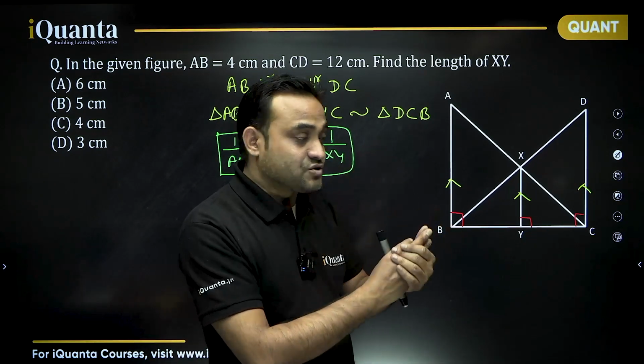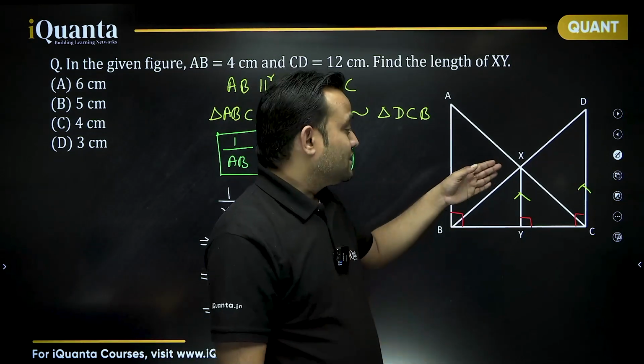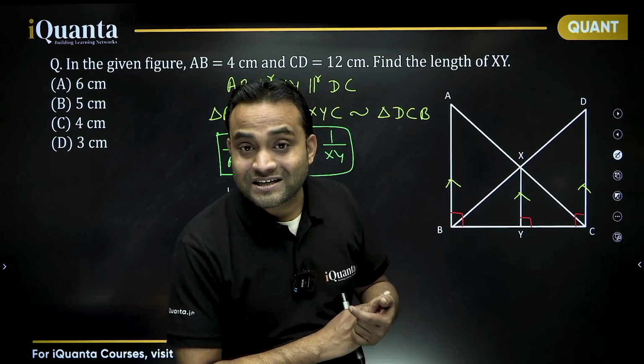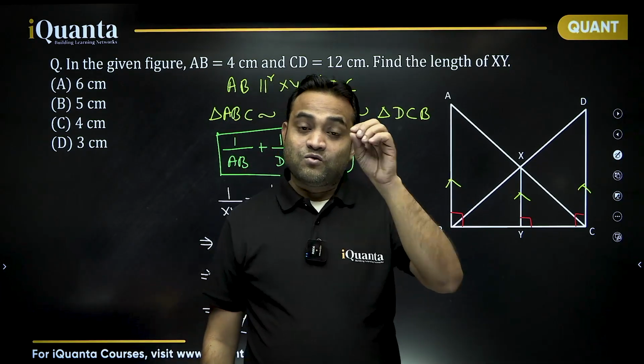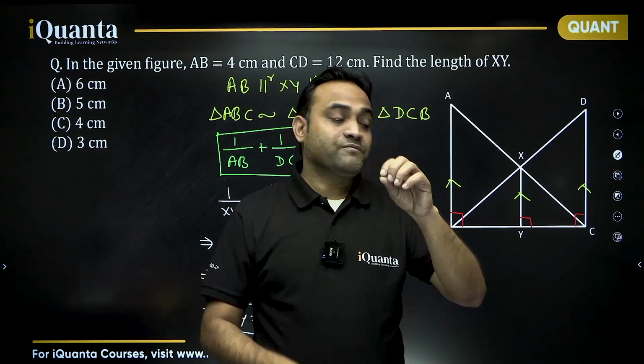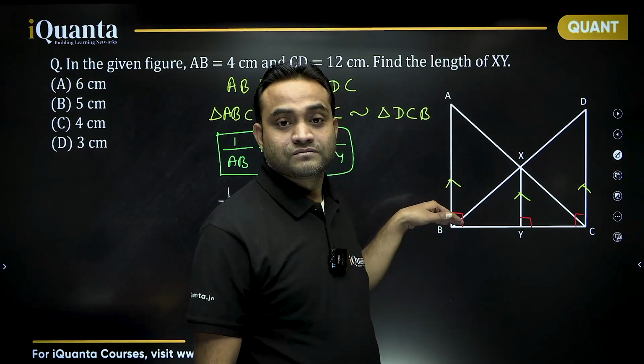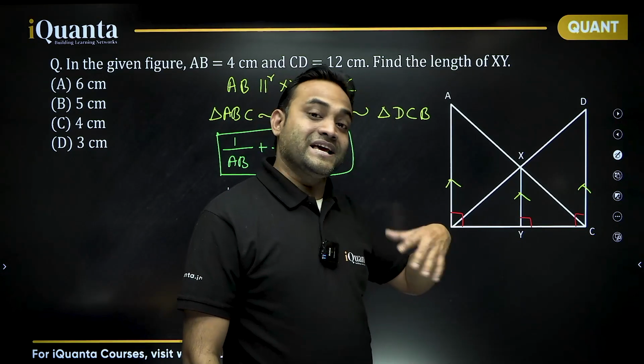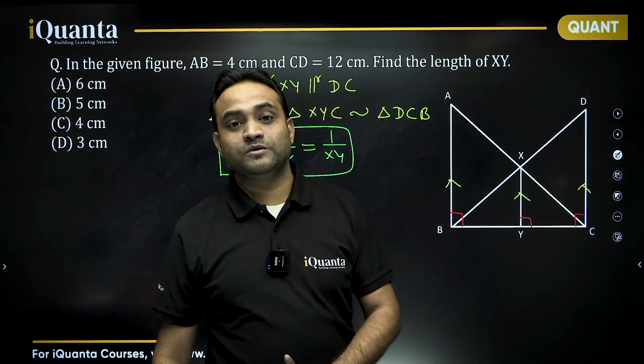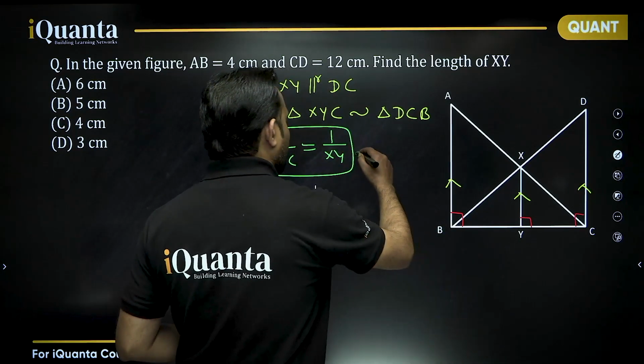Then the two wires intersect each other. At what height from the horizontal is that point? Same scenario. That question will also be solved using this formula.